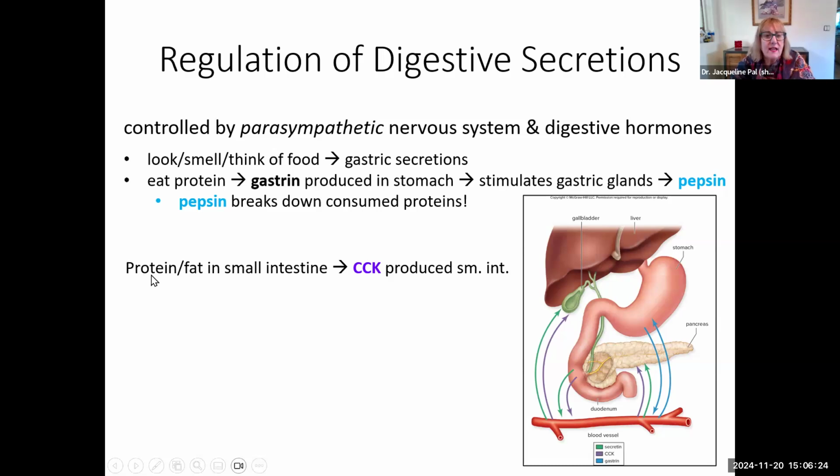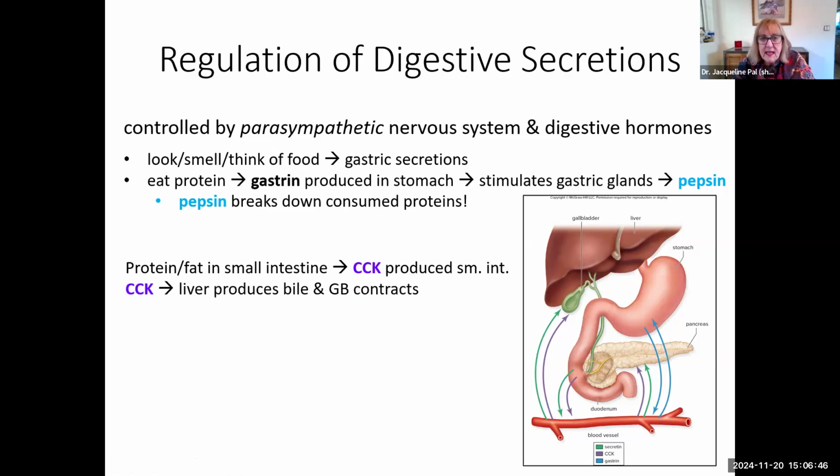Now, when dietary protein and fat enter your small intestine, those small intestine cells produce something called cholecystokinin, or in this case, just abbreviated as CCK. And CCK is what is being shown by the purple arrows here. So we have CCK leaving the small intestine and going in the bloodstream.